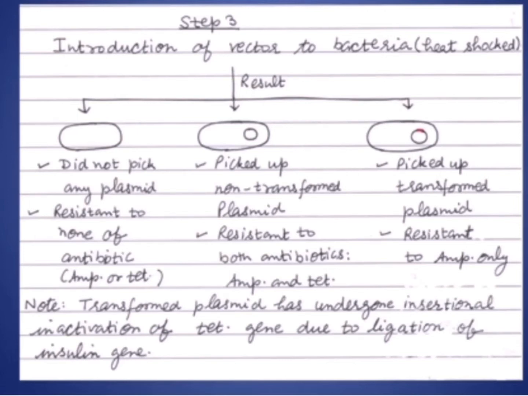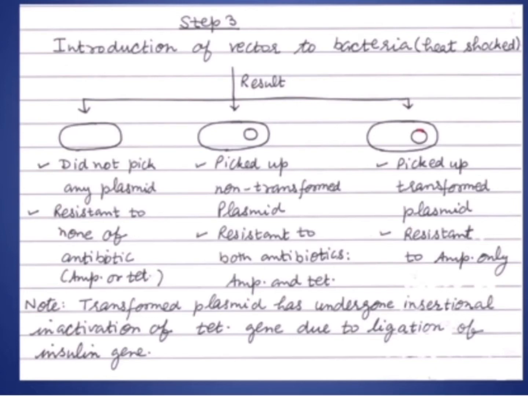The second type of bacteria has taken the non-transformed plasmid or the actual plasmid. If it has taken the non-transformed plasmid, it will have both antibiotic resistance genes intact. So whenever this bacteria is exposed to any of the antibiotics, it is going to survive.